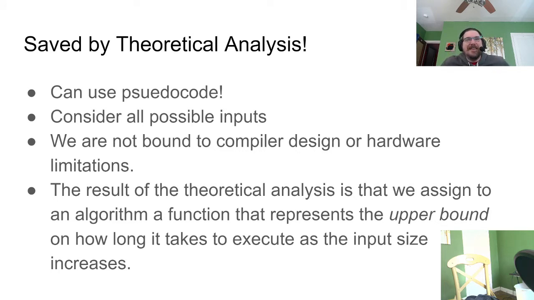And the result from the theoretical analysis is that we assign an upper bound. So we come up with a function we say is an upper bound, meaning that this is the worst case. It's always going to be faster than this function would predict. The purpose of that function is to predict the performance of the algorithm, and the function's always going to be a little bit more gloom and doom, right?